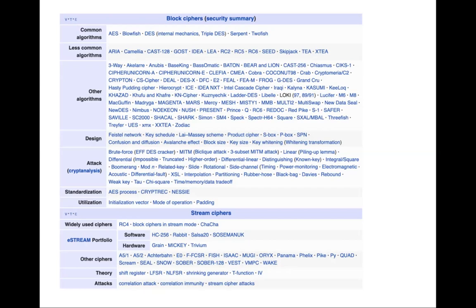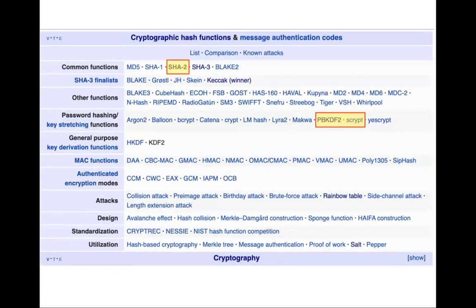And for stream ciphers, we haven't introduced them, so I can skip this. Then for hash functions and message authentication codes, the diagram I include in the slides is a diagram for SHA-2, or a general diagram for MD5 and SHA-1 as well.